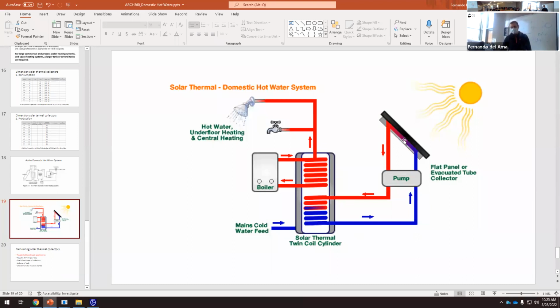The sun heats up this water, and then it returns to the tank. You can see that this red color turns into blue. Why? Because if we heat up water here up to 140 Fahrenheit within the solar collector, then we have to release this water to the water tank. Here the white space is water, and this gray wall can be the thermal insulation of the tank.